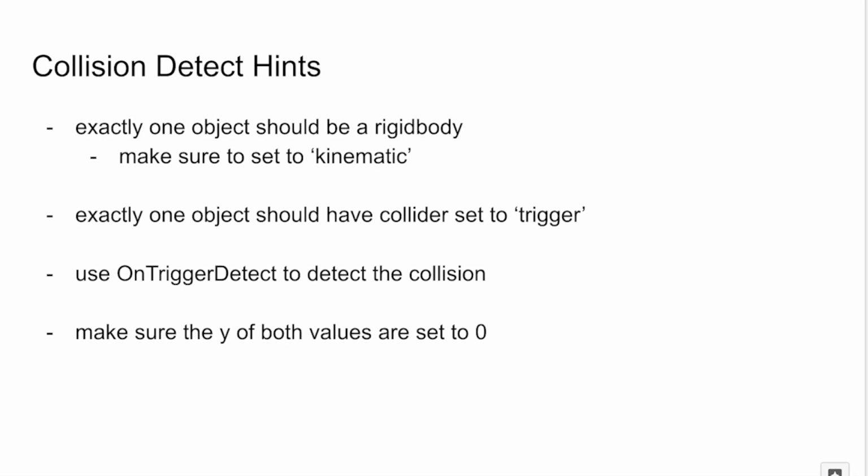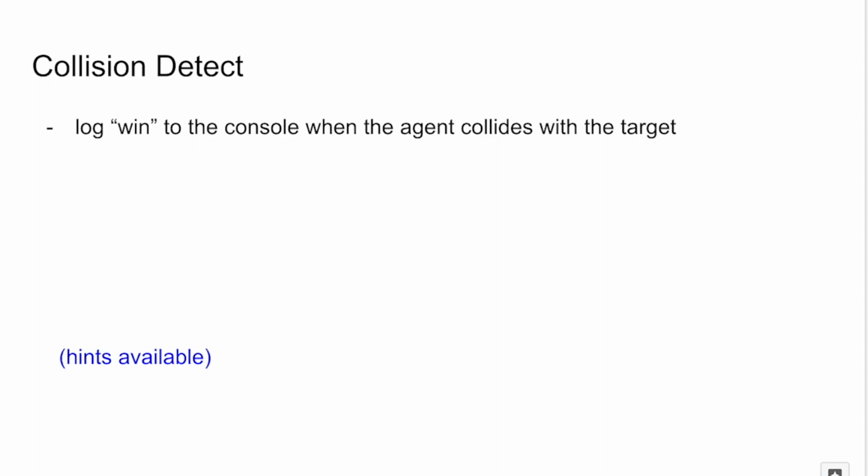It's possible to have more than one body being rigid body kinematic and more than one body with trigger, but we need to modify options in physics if we do that. And we should make sure that the y of both values are set to 0, otherwise they won't collide. So if you would like to attempt this task, please pause the video now.